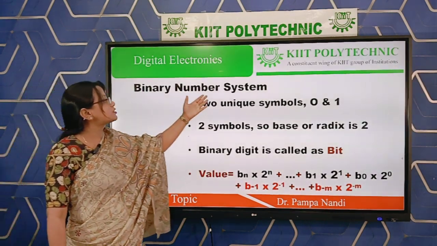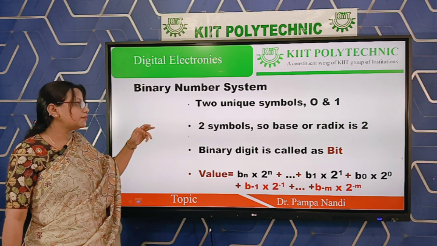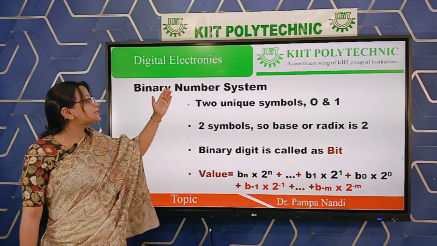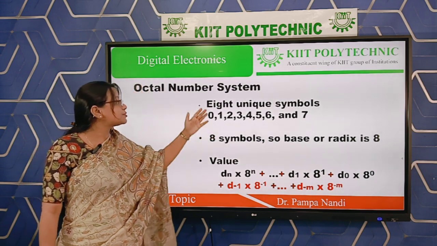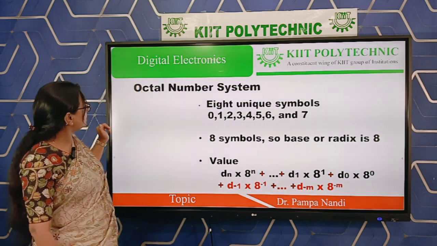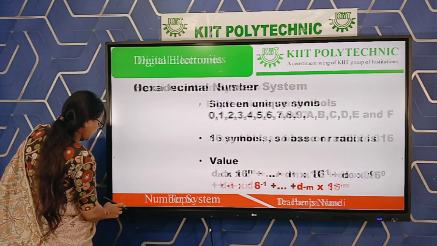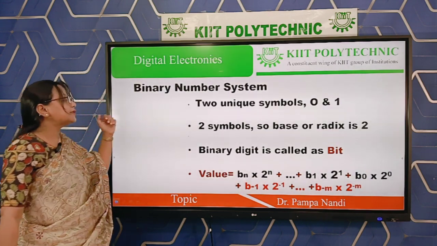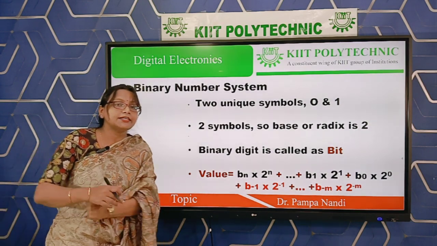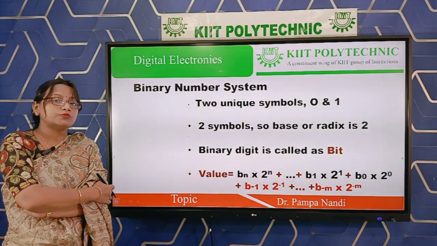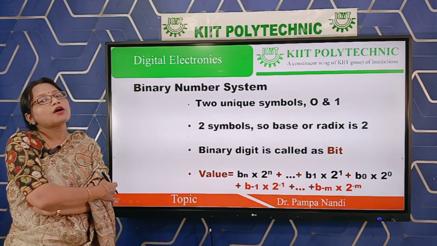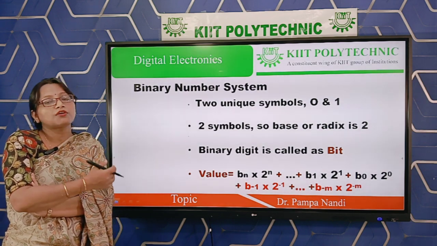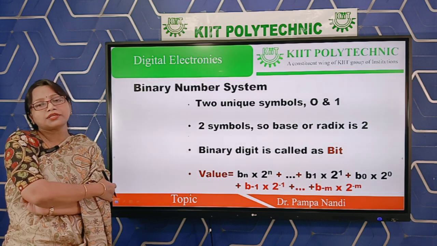Now, just now I said the binary number system has two symbols. Why? In digital electronics, we use the binary number system, because any digital thing means discrete values. Nowadays we are working using computers or calculators, whatever.